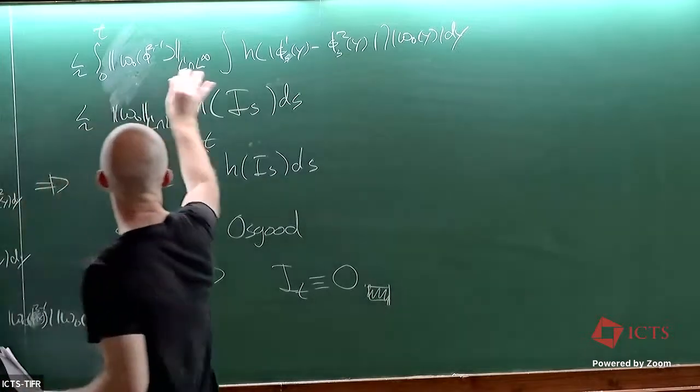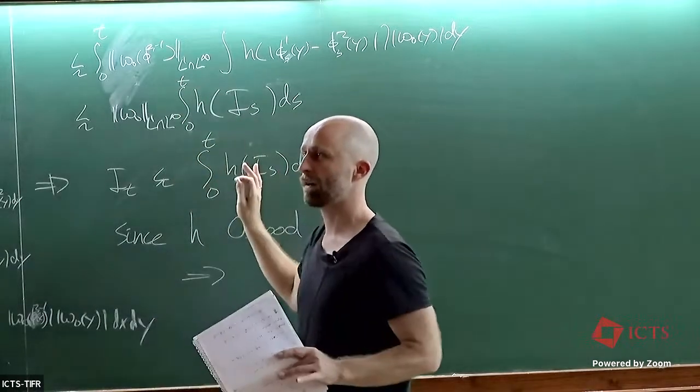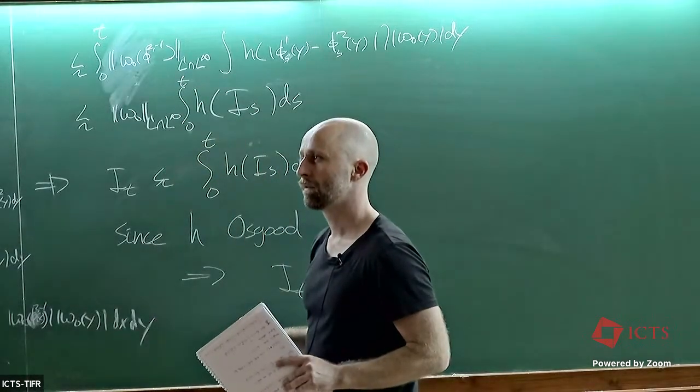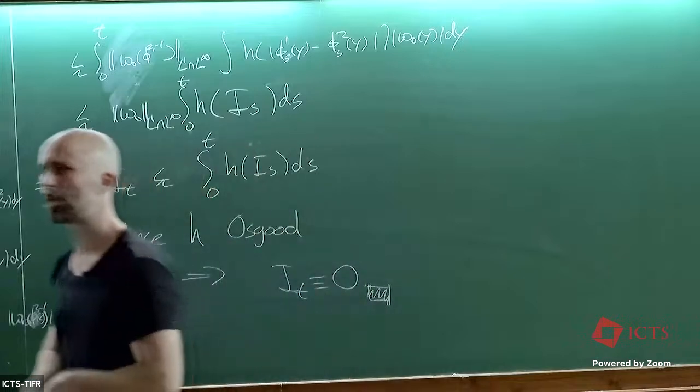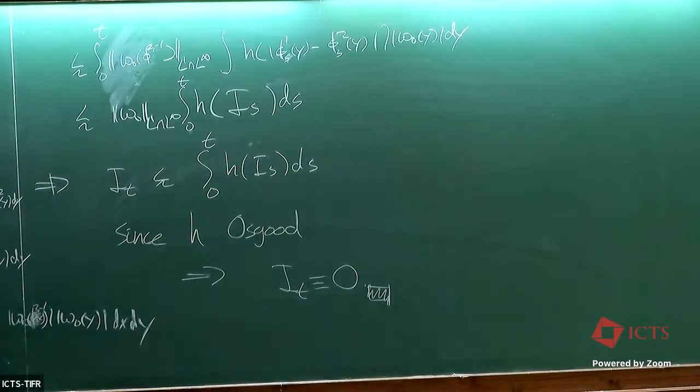Yeah, I mean, I'm sure you get some constant here. So, sorry, I'm not getting what you mean. Yeah, so I mean, it's just some constant, right? So what do you mean?